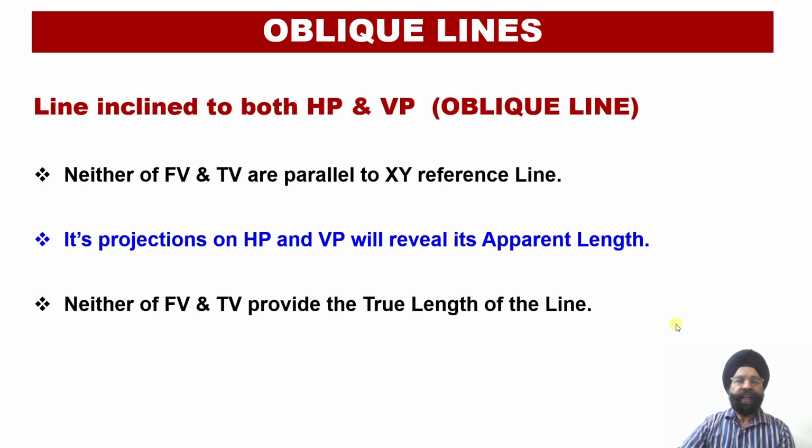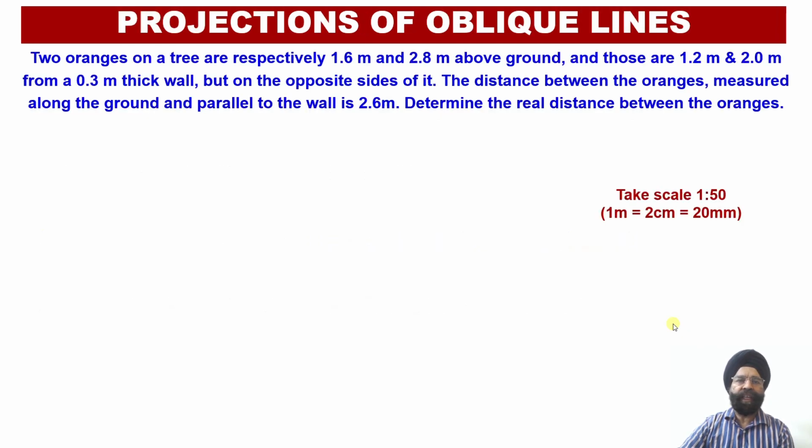And in case we are required to evaluate the true length of the line as well as the true inclinations of the line with respect to the two reference planes, then we need to deploy the principles of the rotation of the line method in order to evaluate the true length and the true inclinations.